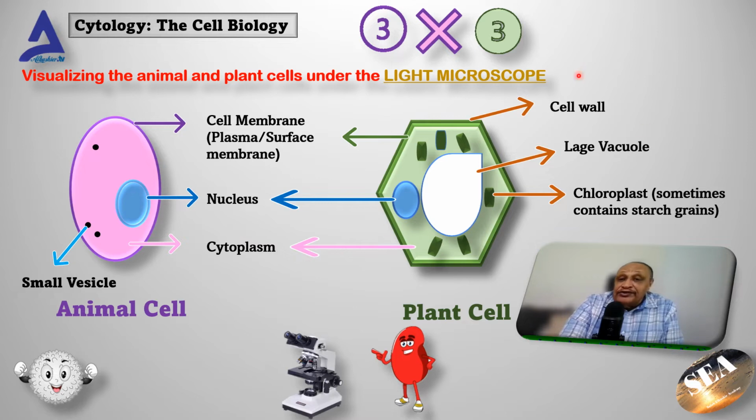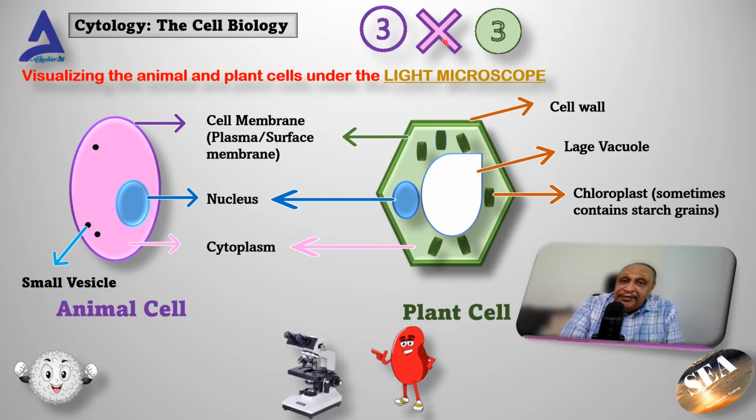I also have 3 differences that are present only in the plant cell, but not in the animal cell. What are they? Those are the cell wall, the large vacuole, and the chloroplast. Those 3 are not like those 3, and this is why I am putting them here in green color.